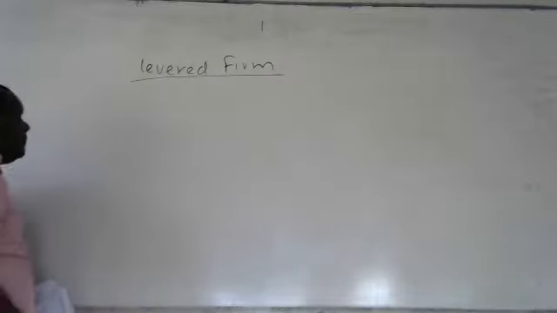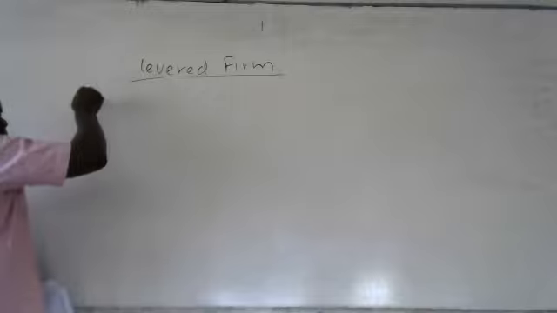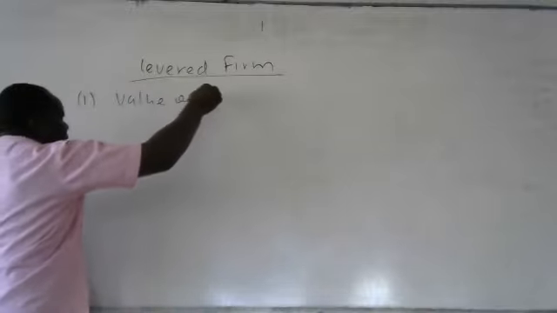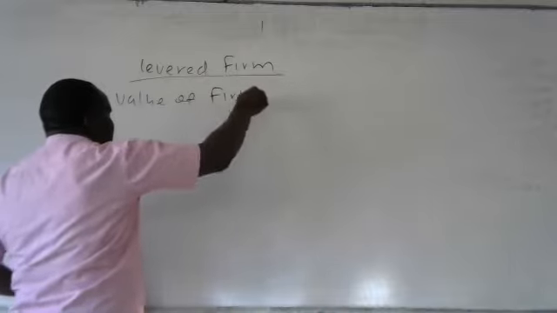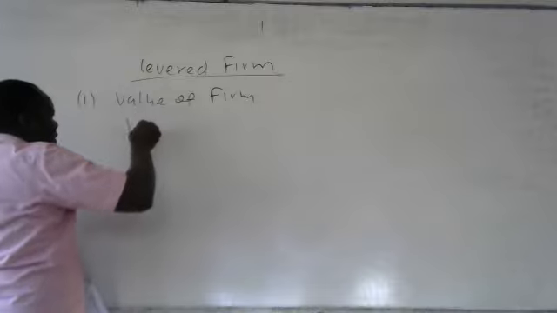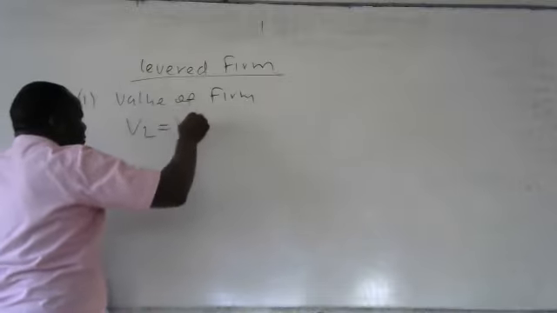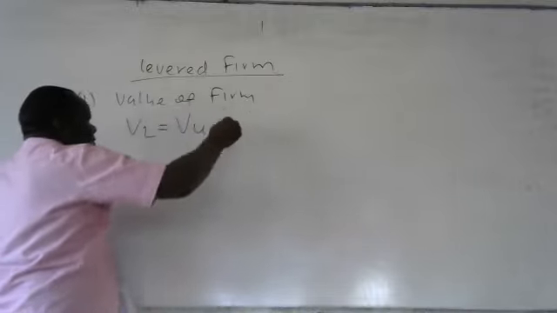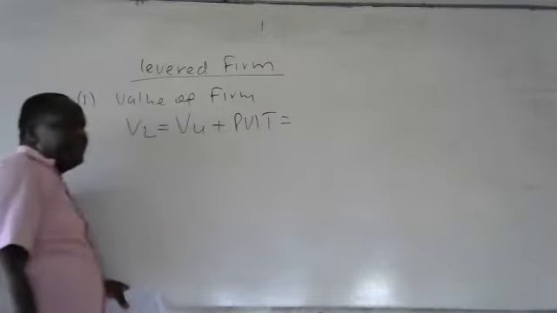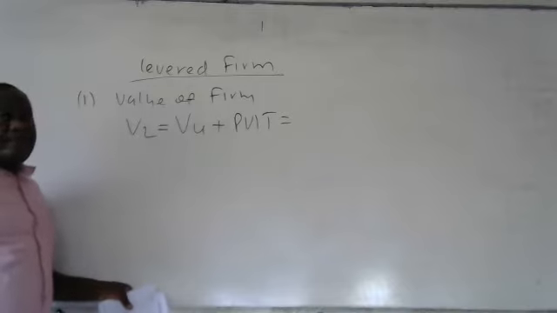When the firm is levered, the first thing is to get the value of the firm. The value of the levered firm is the value for unlevered plus the present value of the interest tax benefit.